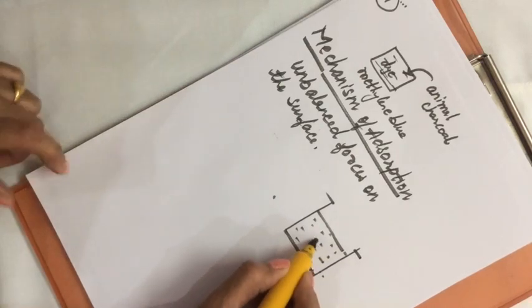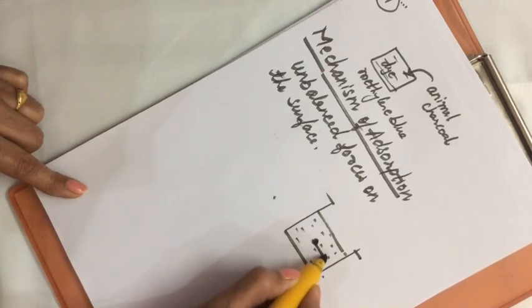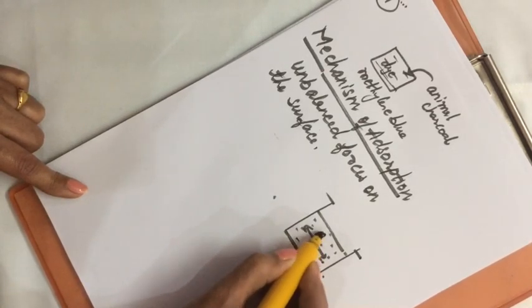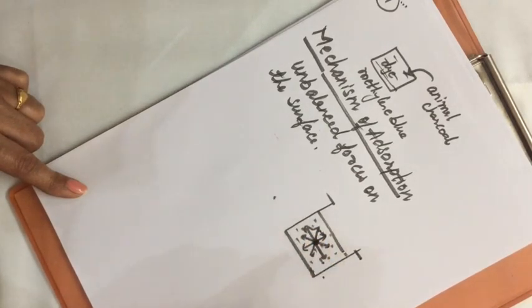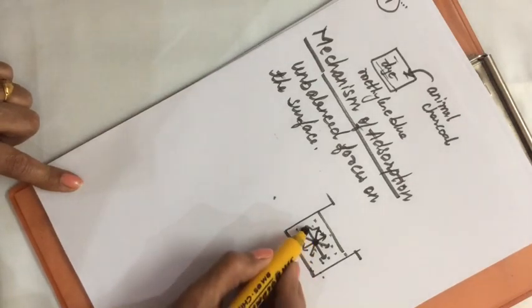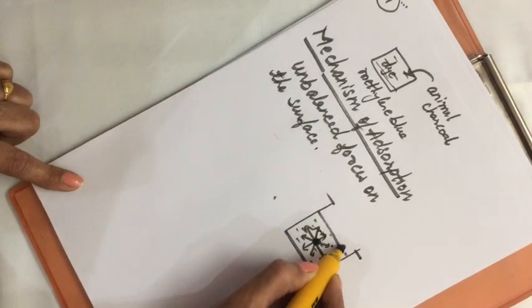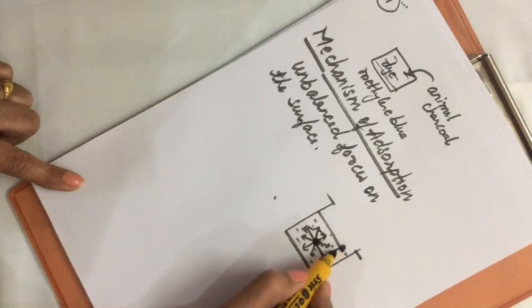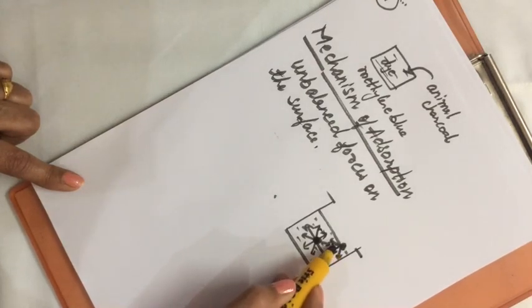A molecule in the interior, in the bulk of this liquid, is completely surrounded from all sides by other molecules, so balanced forces are acting on it. But a molecule on the surface of the liquid is attracted by the molecules inside the liquid, so there is a net inward pull on this molecule.